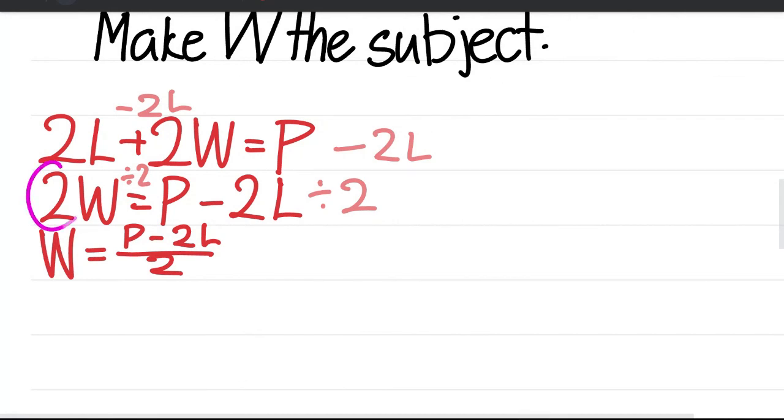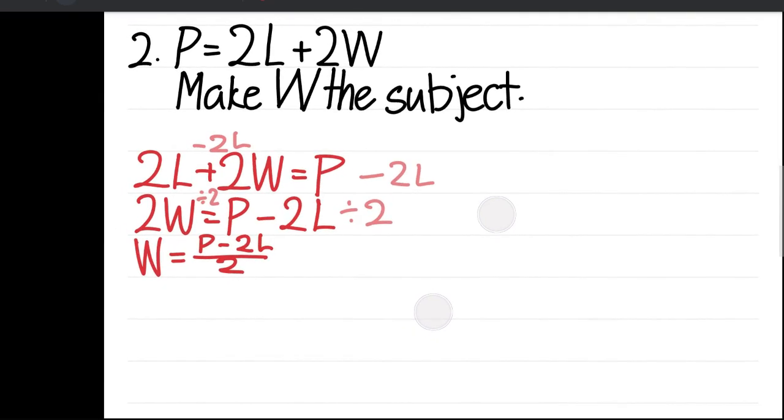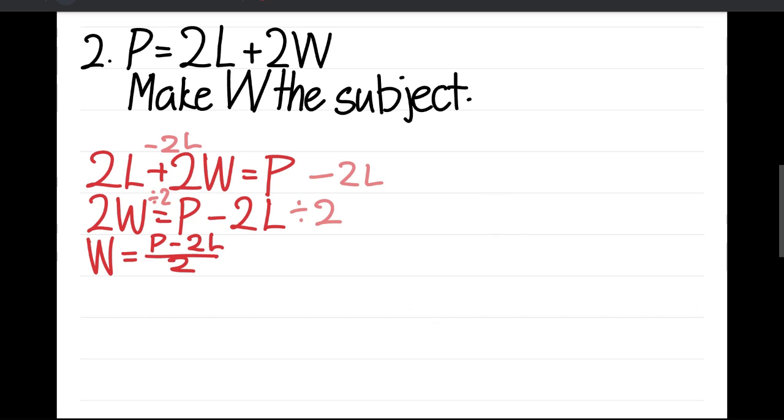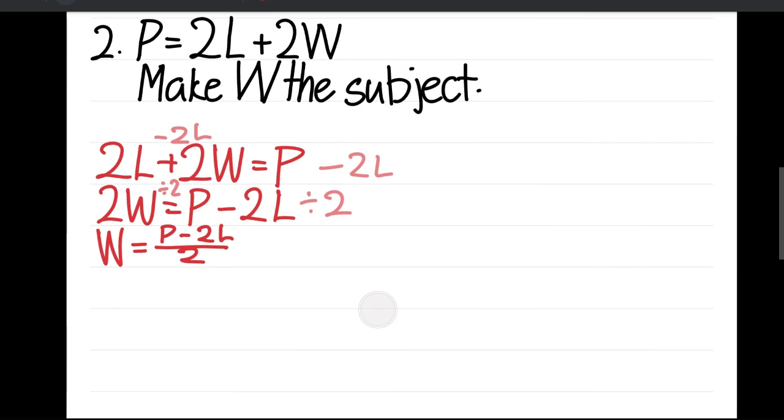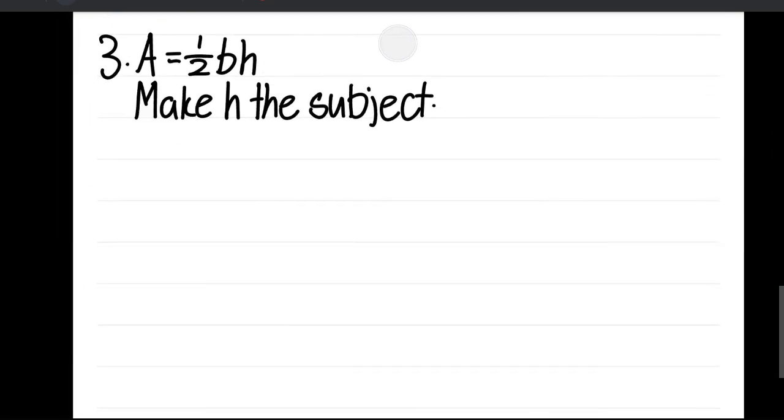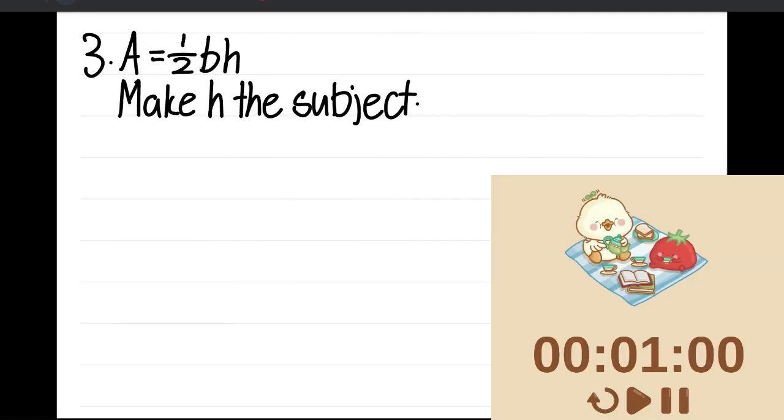So likewise, whatever is multiplied by the subject you want, you must divide it in the end and divide the entire thing. Alright? So let's move on to our last question. And remember, I will give you guys 1 minute, same as question number 2. Ready? 3, 2, 1, start.